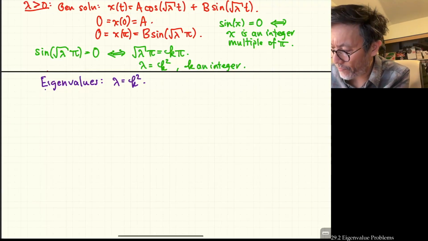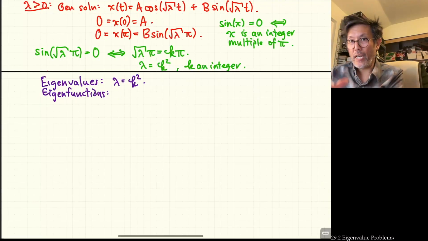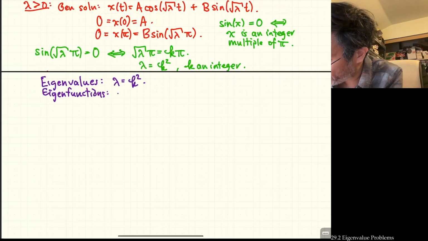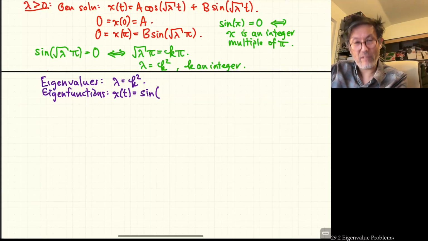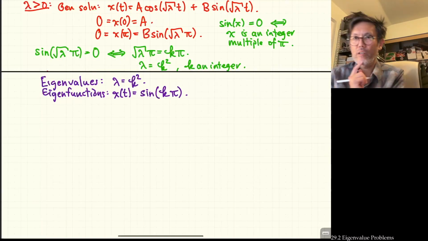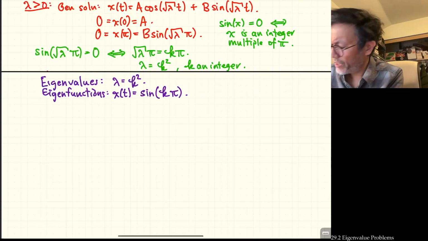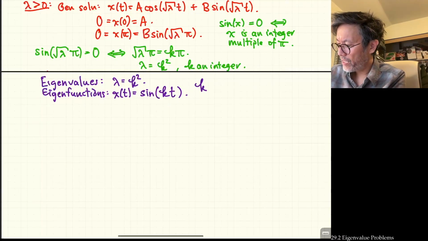And the associated eigenfunctions are, now again, we only need to take one representative for each eigenvalue, so x of t equals sine of the square root of lambda, which is k, times pi. Oh, sorry, times t. My bad. Times t. And this is for k an integer.